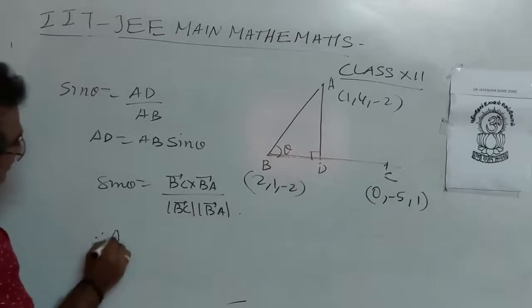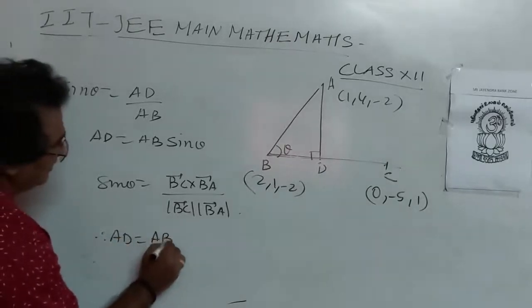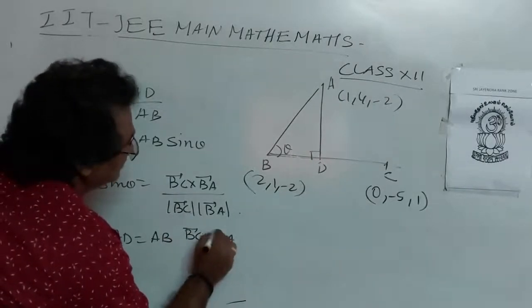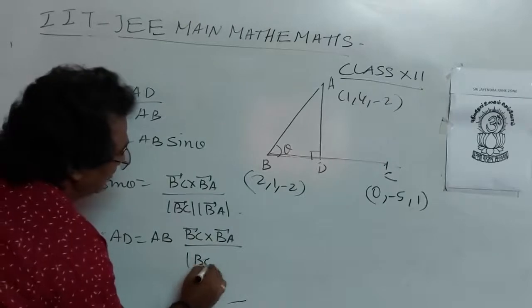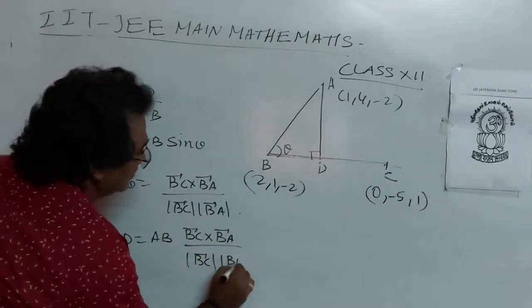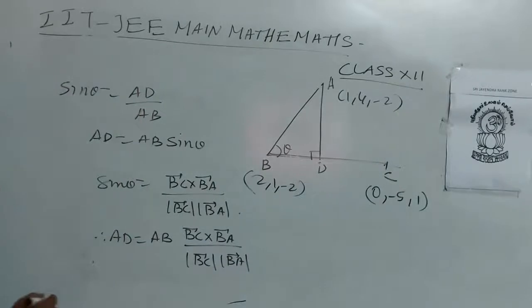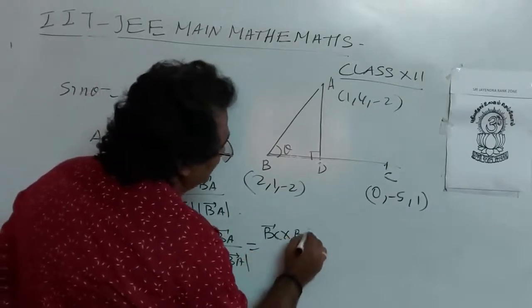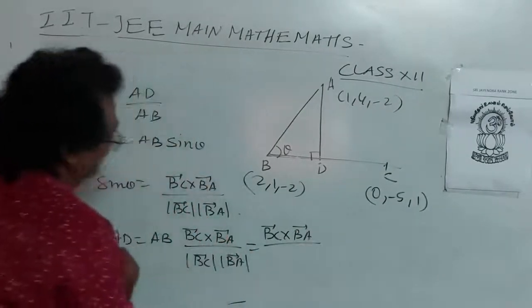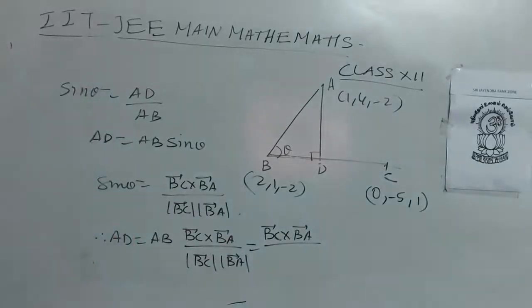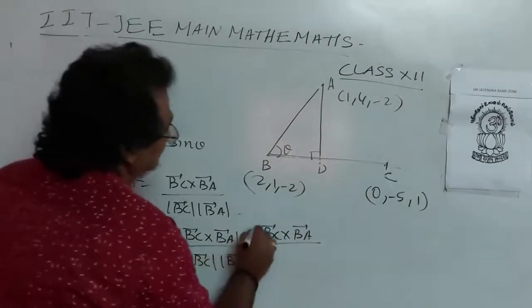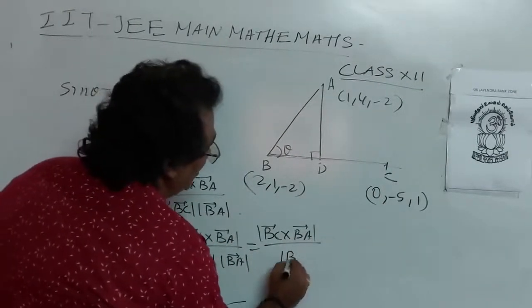Therefore, AD equal to AB times modulus of BC cross BA by modulus BC modulus BA, which equals modulus of BC vector cross BA vector by modulus BC vector.